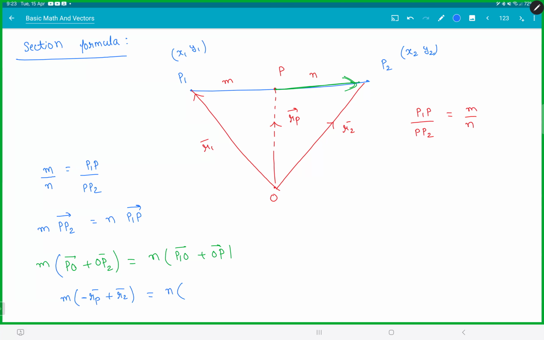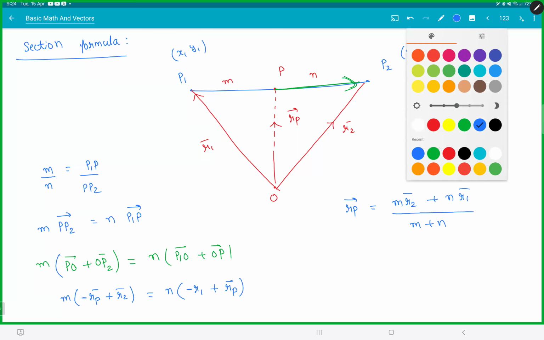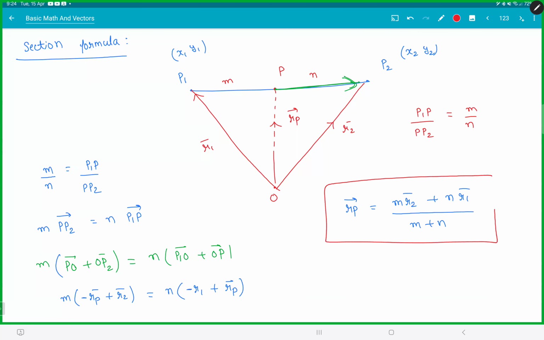This is N1 into P1O is minus R1 plus OP is again RP bar. So bring all RPs to one side and on that side, you will get this. So this is the result. RP bar will be simply M into R2 plus N into R1 bar by M plus N. This is the result. So this is your section formula in terms of vectors.